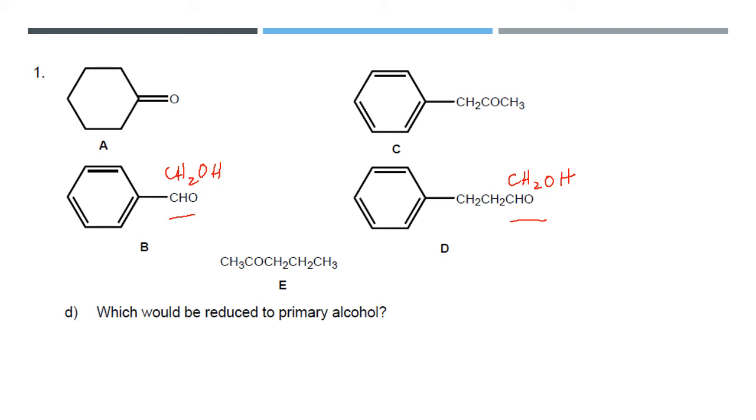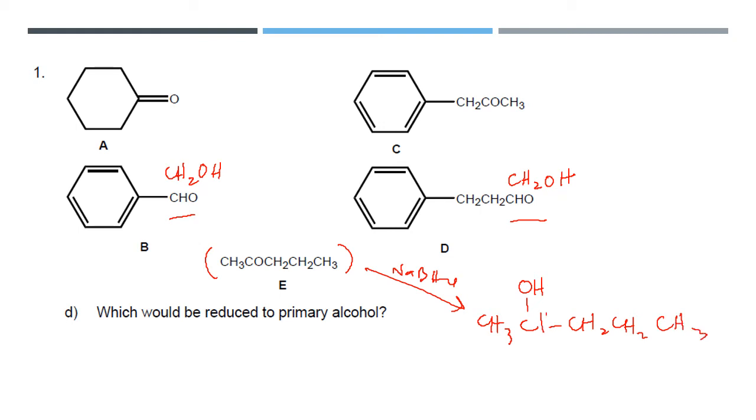For example, if you do a reduction on a ketone here, let's say we use NaBH4, you are going to get CH3, C, attach OH, then the right R for this ketone, and you're going to have one H here. So see, this is not a primary alcohol, this is a secondary alcohol. So you know straight away that you're finding aldehyde, not ketone.